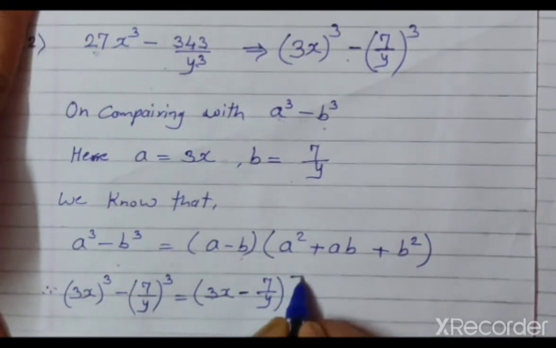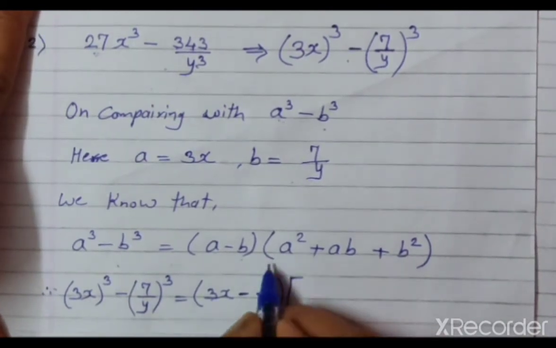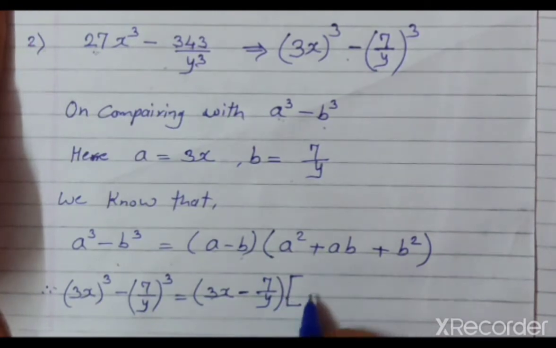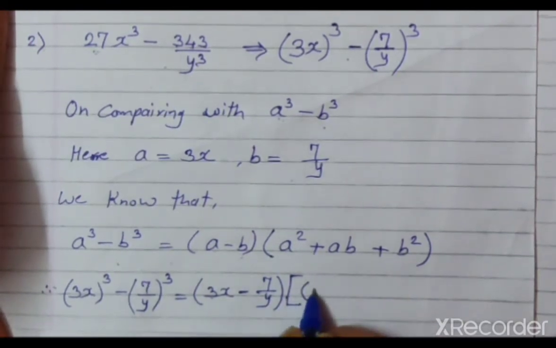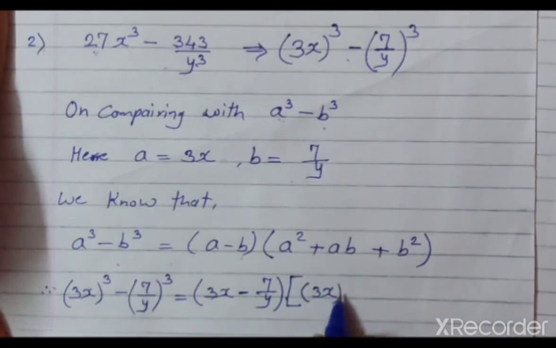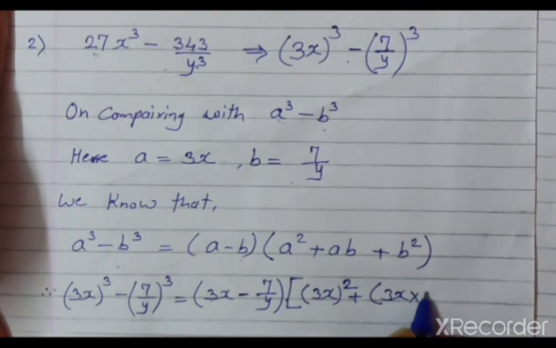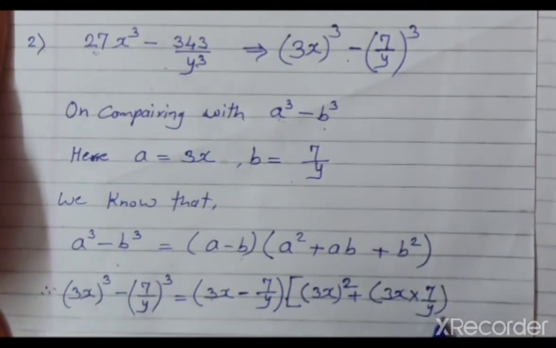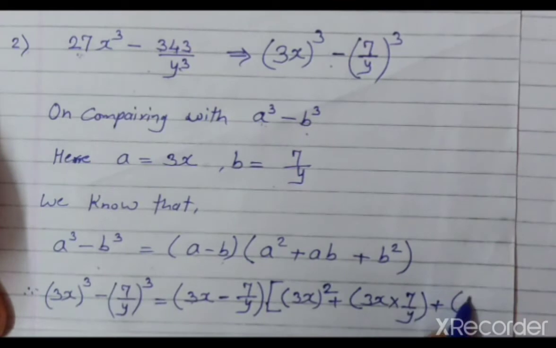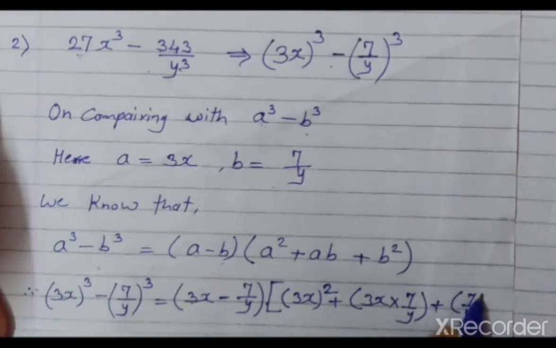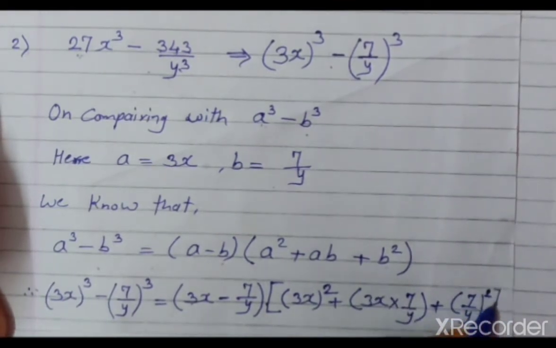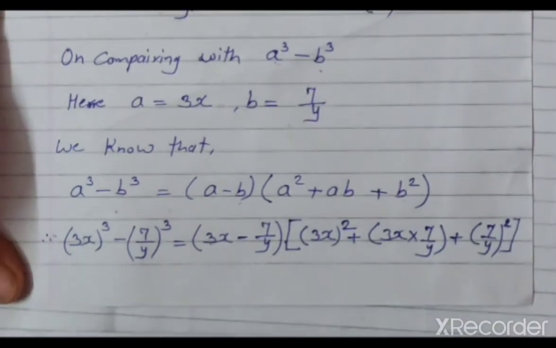This bracket, another bracket, here I just converted it into this square bracket, then in small bracket value of a, plus in another bracket value of a into value of b, plus this b square, bracket completed.